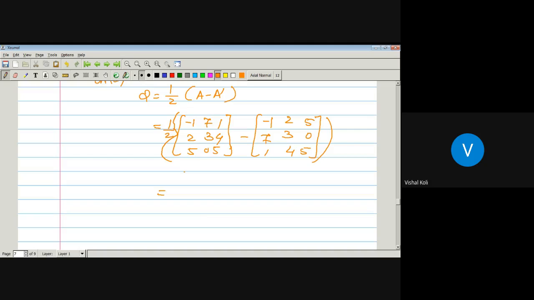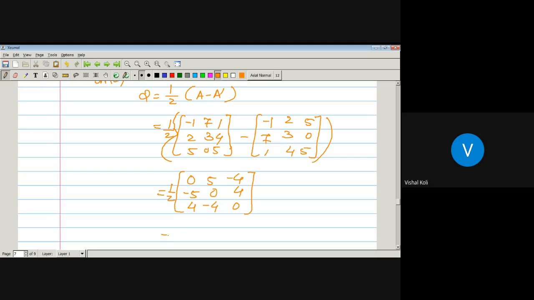So which is equal to 1 by 2 into minus 1 minus of minus 1, which is 0; 7 minus 2 is 5; 1 minus 5 is minus 4; 2 minus 7 is minus 5; 3 minus 3 is 0; 4 minus 0 is 4; 5 minus 1 is 4; 0 minus 4 is minus 4; 5 minus 5 is 0.